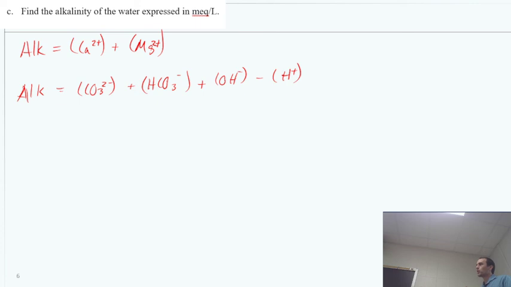Ultimately, if we do a charge balance across the entire system, the key for alkalinity is you can actually separate ions that will change given changes in pH and ions that are not going to change.